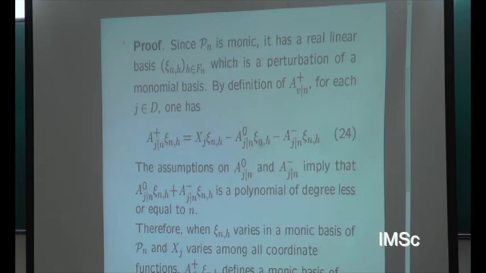This is of degree n, and this is preservator, therefore n. And this is degree n, but this lowers the degree by 1, so this is degree n minus 1. So this sum is a polynomial of degree less or equal than n.